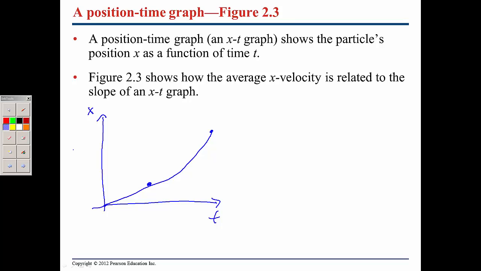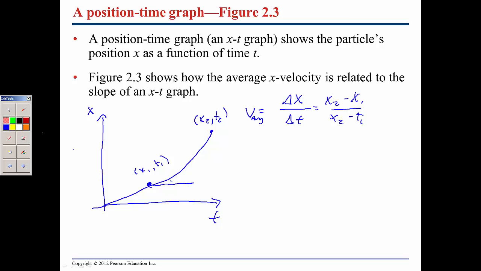Now, if I want to ask myself what is the average velocity of this car as a function of time, well, I know how to do that. I look at the change in x divided by the change in time, or x2 minus x1 divided by time 2 minus time 1. And so over here I would have x1 time 1, and over here I would have x2 time 2.